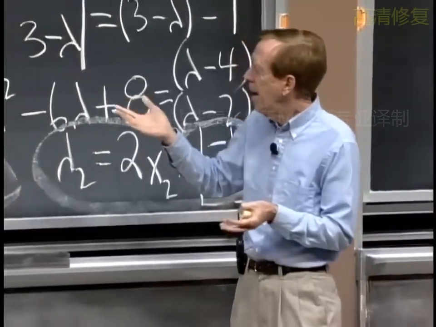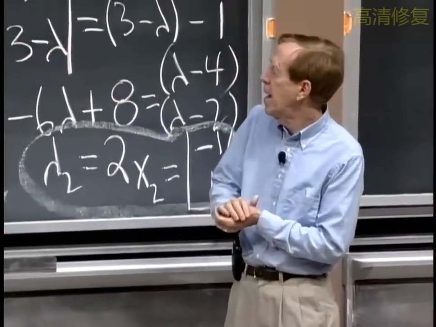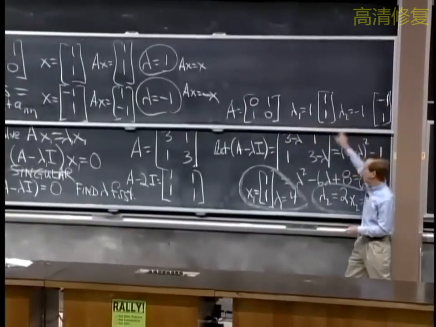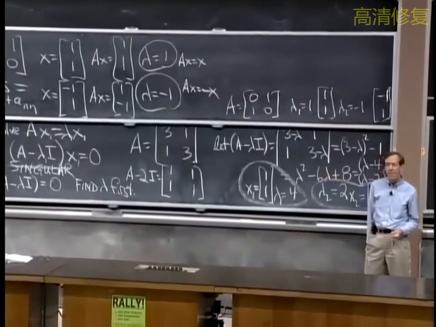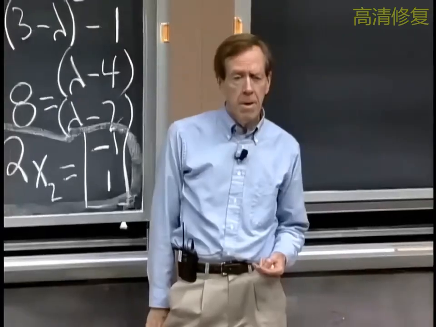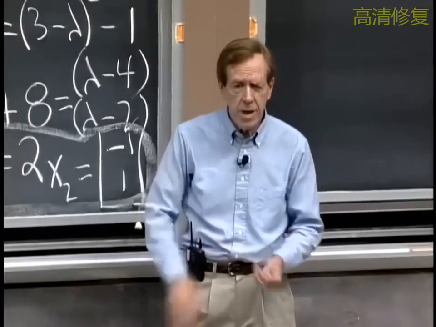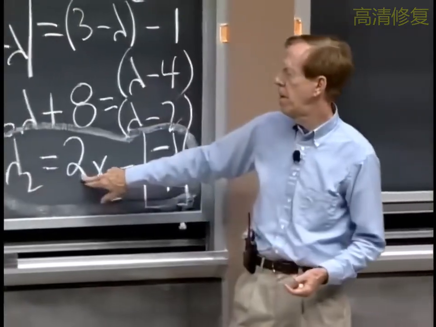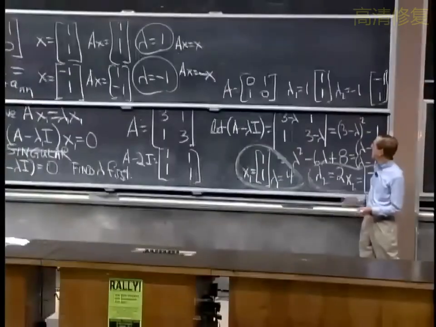And here, what are we seeing? What's happening to these eigenvalues 1 and minus 1 when I add 3I? It just added 3 to the eigenvalues. I got 4 and 2, 3 more than 1 and minus 1.